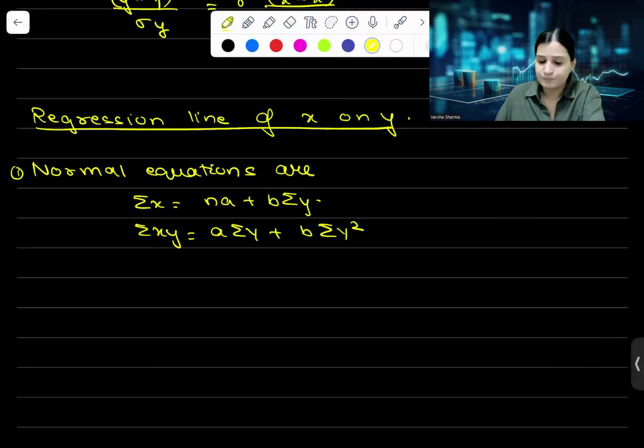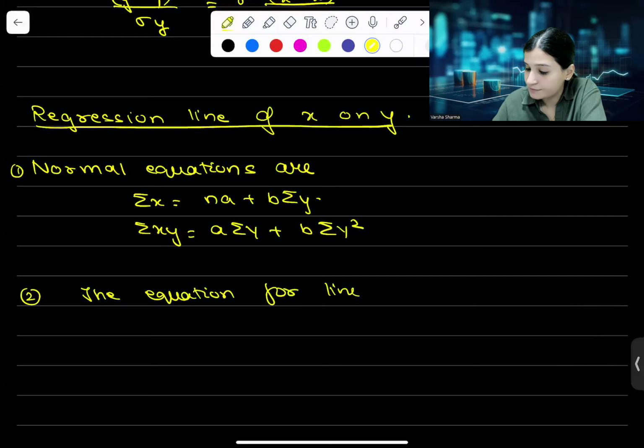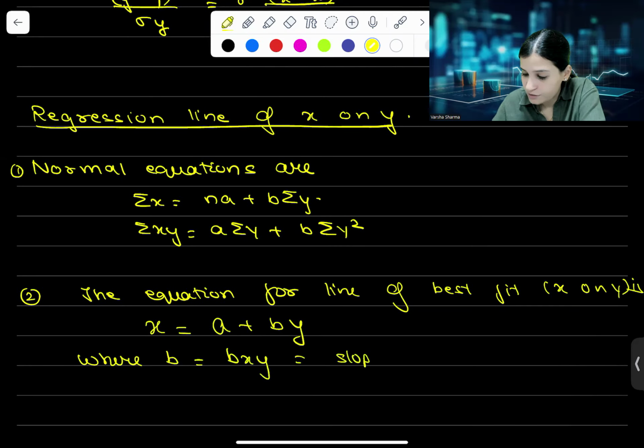We don't use this. Second, the equation for the line of best fit, x on y, is x is equal to a plus by, where b is same as bxy, which is also the slope of x on y.